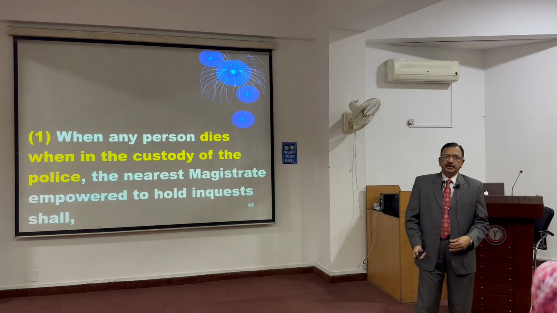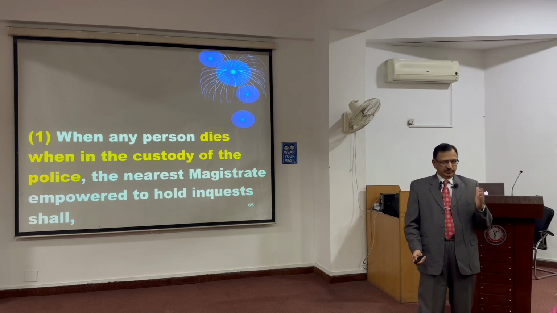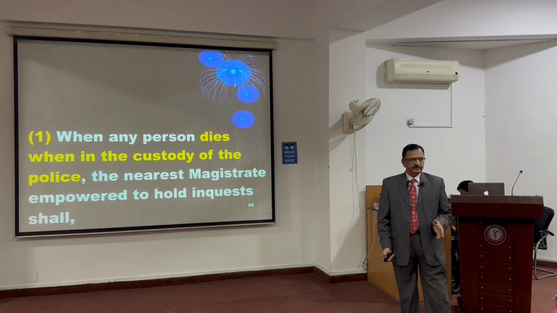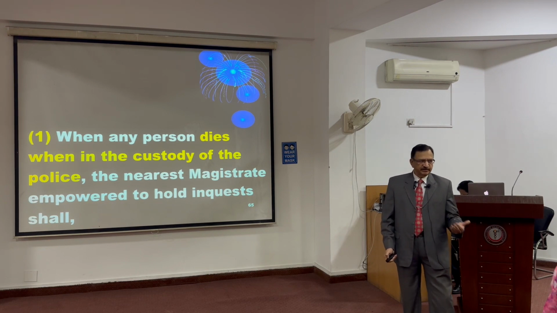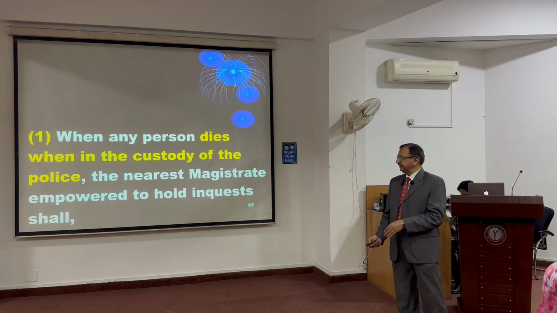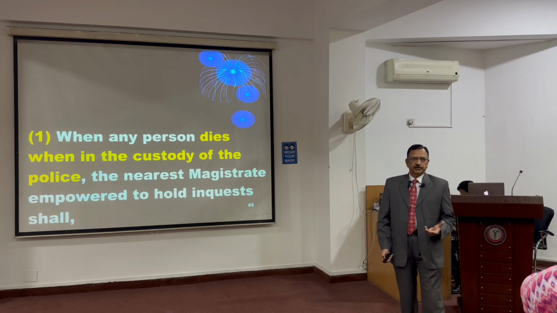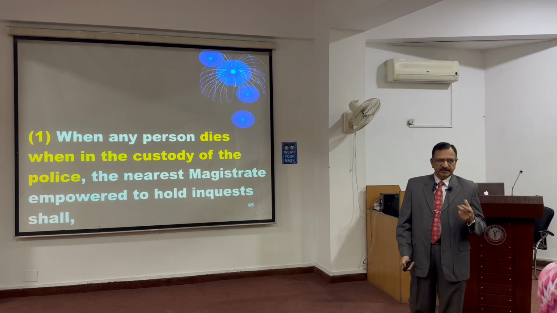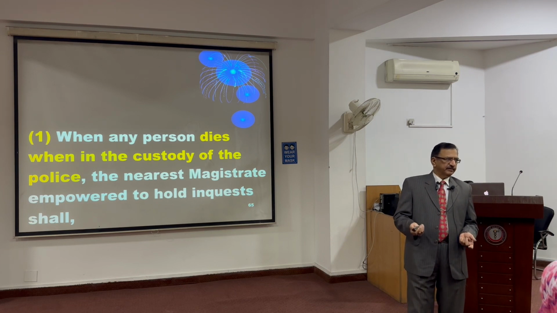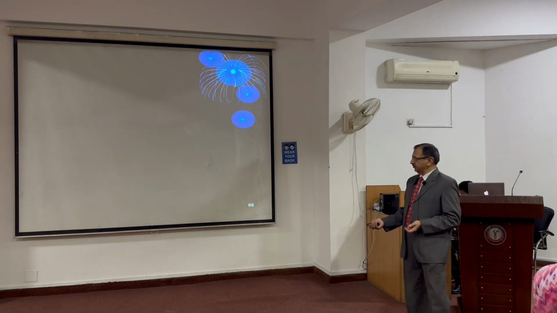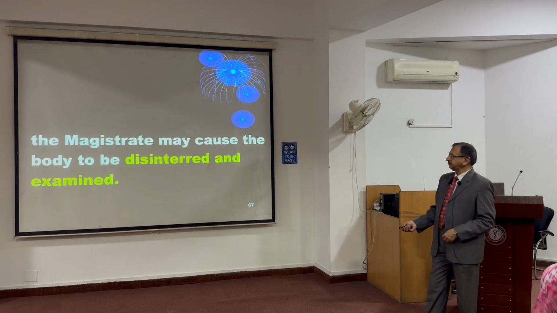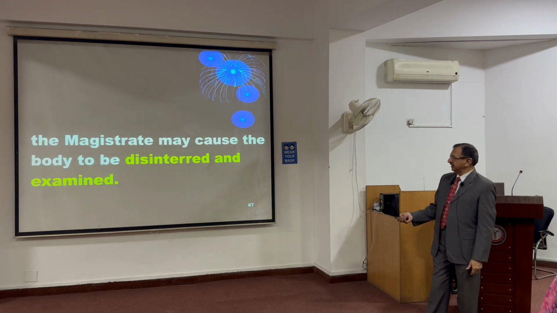And the district magistrate, under his authority of Section 176, can order further investigation, or if the body has been buried without autopsy and there is any suspicion, he can order for exhumation. Kabar kushai, disinterment of the grave.